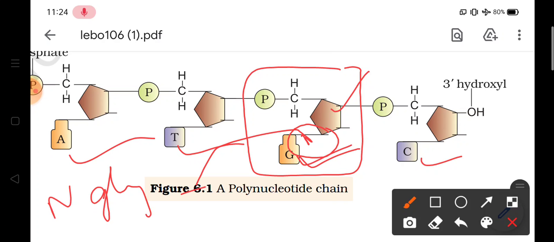In place of guanine it will be called guanosine. Then cytidine and uridine. So when the pentose sugar and nitrogenous base are linked by N-glycosidic linkage, it will form a nucleoside, and the names will be adenosine, guanosine, cytidine or uridine. Now one more bond is there that is present between the phosphate group and the nucleoside.